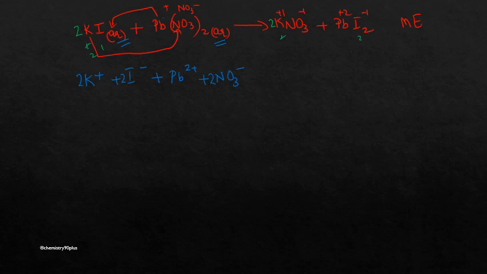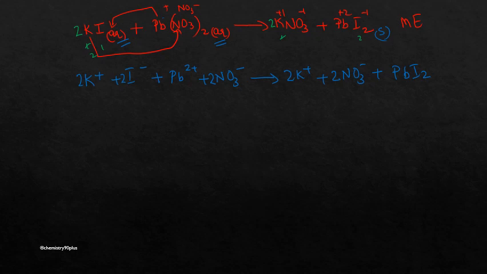Then the products give 2 K plus, because the coefficient is 2, and the 2 goes for NO3 minus as well. Then PbI2 was the solid, right? So PbI2 we just write as such. We cannot split that one.